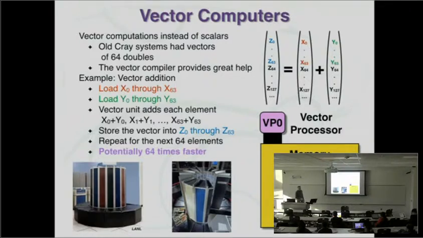So that's the general concept behind vector computing. Then in the second step, you go to the next 64, and then the next 64. So it's not a big jump conceptually from a scalar computer. It's still fairly easy to understand.